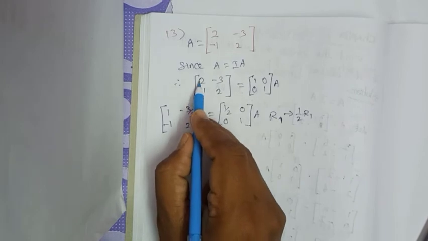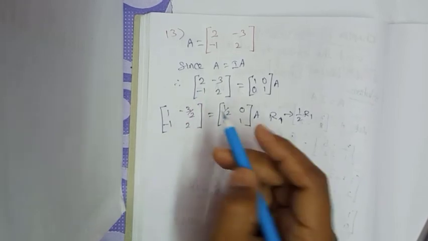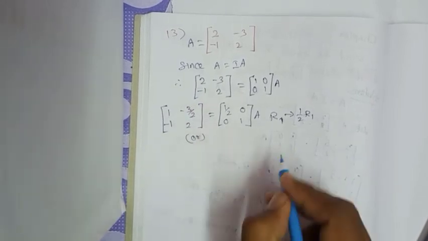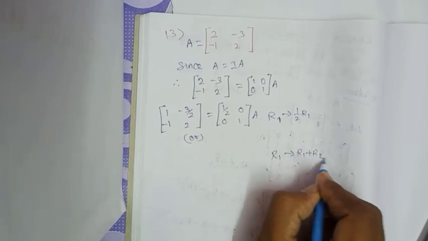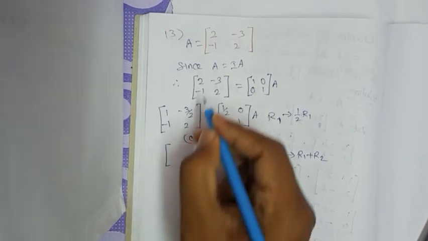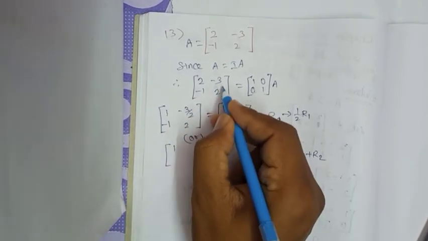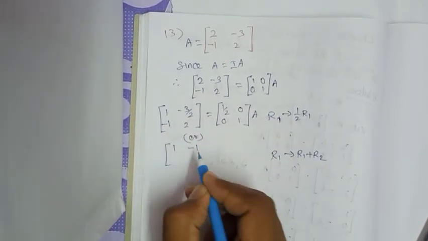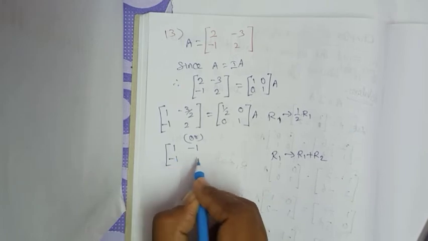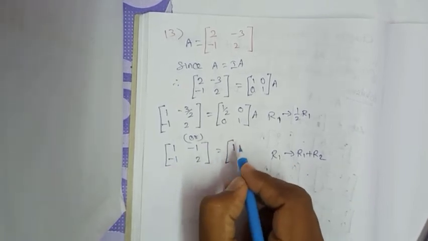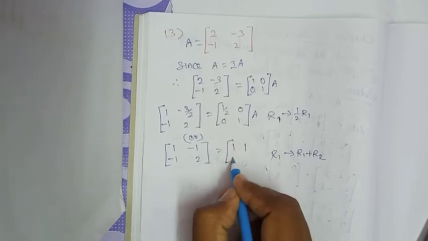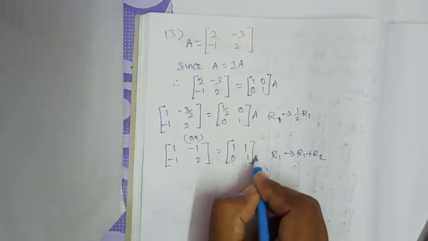We can just add these two rows in another form, that is R1 implies R1 plus R2. So 2 minus 1, 1. And minus 3 plus 2, minus 1. So second row, minus 1, 2. Which is equal to 1 plus 0, 1. 0 plus 1, 1. So second row, 0, 1 into A.